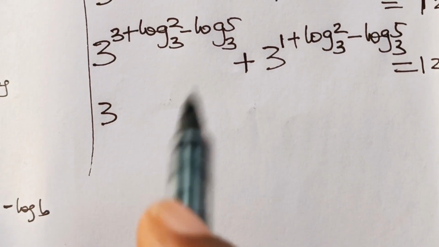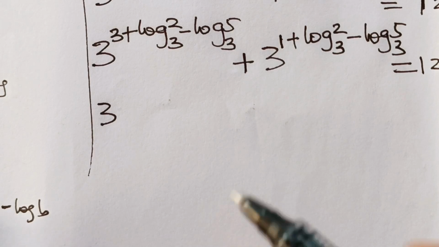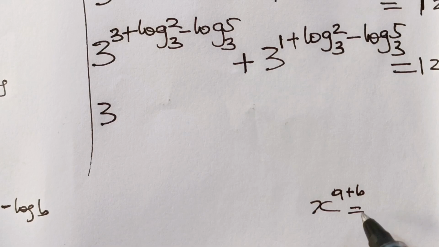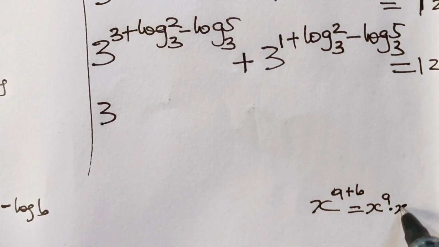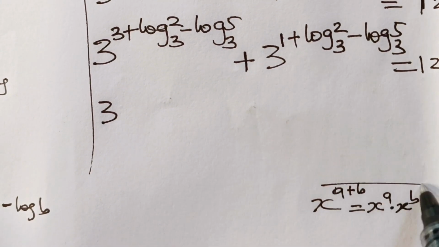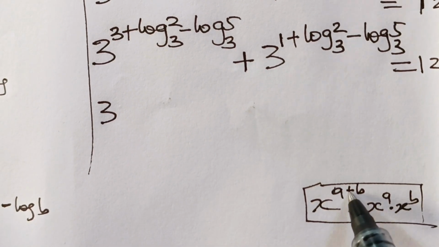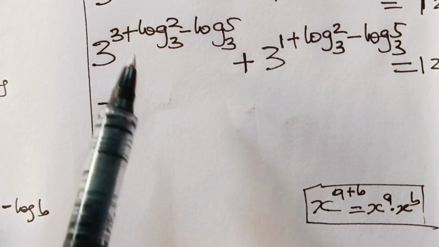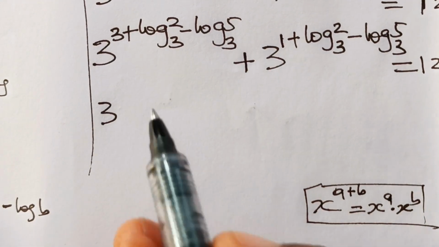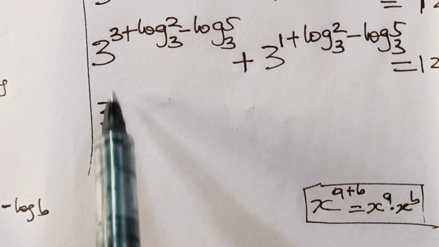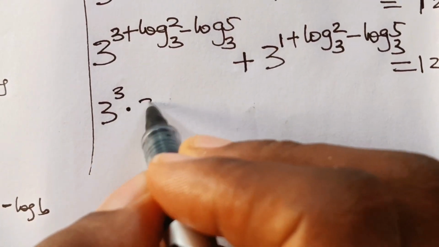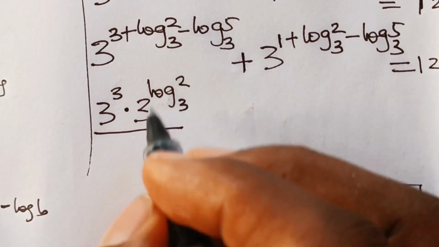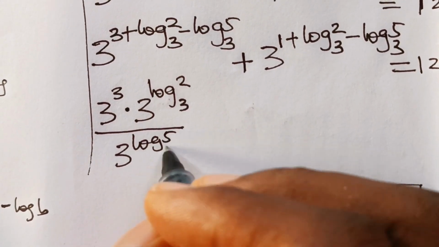When you have x to the power of a plus b, this is equal to x to the power of a multiplied by x to the power of b. Let us remember that. Now when you have x to the power of a minus b, it's going to be x to the power of a divided by x to the power of b. So we are going to relate this to what we have here. We can now rewrite this as 3 to the power of 3 multiplied by 3 to the power of log 2 base 3, divided, because of this division, by 3 to the power of log 5 base 3.